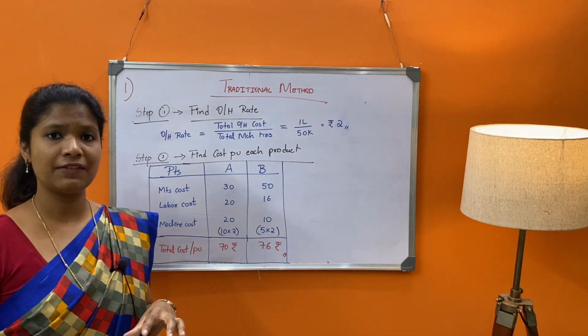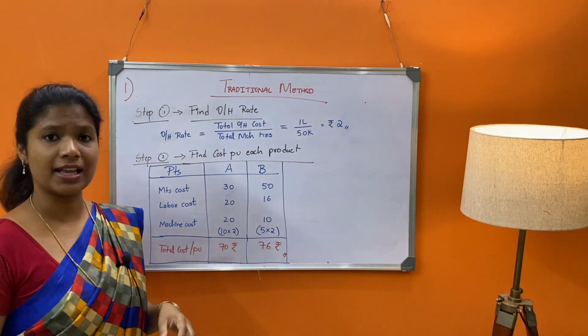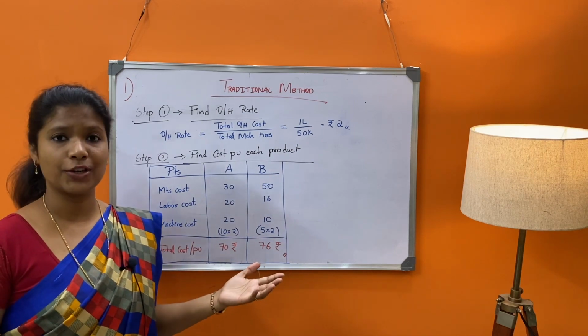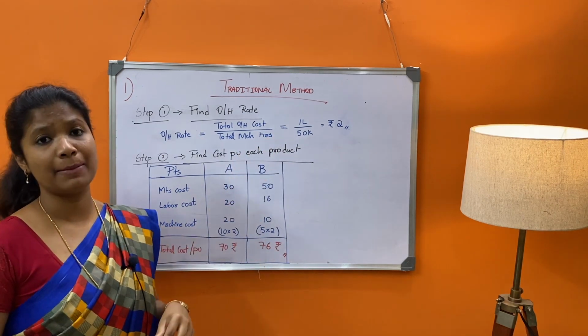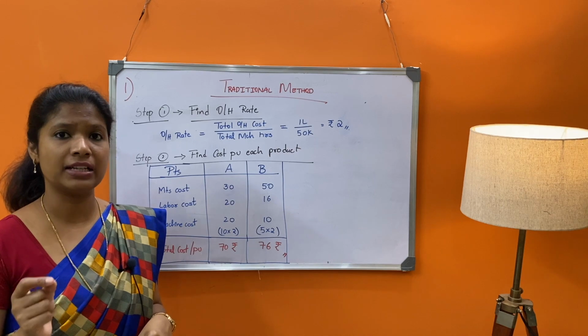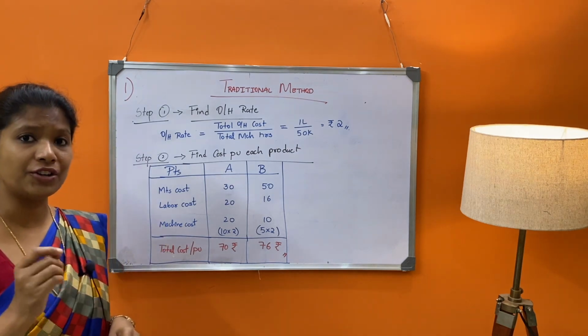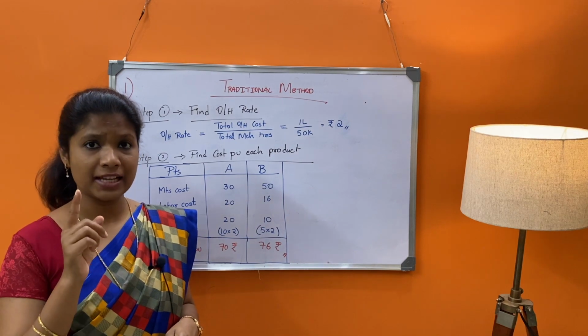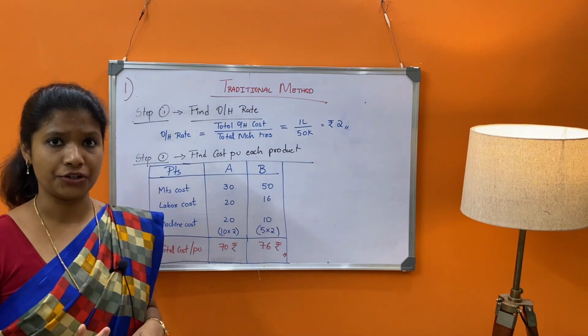So this question has given machine hours, so we consider machine hours as the base. So total overhead cost as given in the question is rupees 1 lakh divided by machine hours of 50,000 hours. So what is the overhead rate? It is rupees 2. So that completes our step number 1, overhead rate.